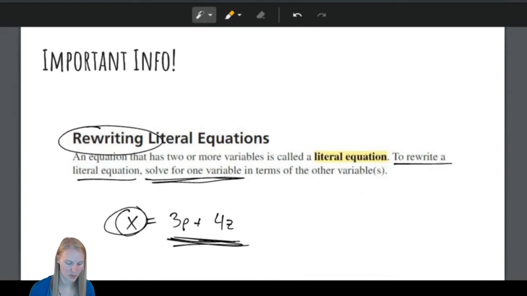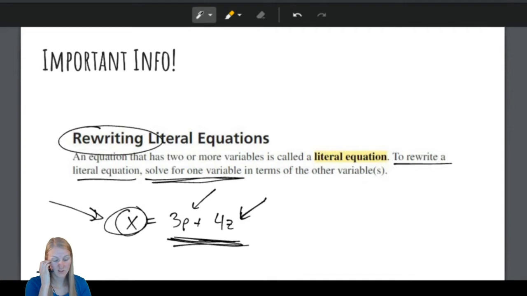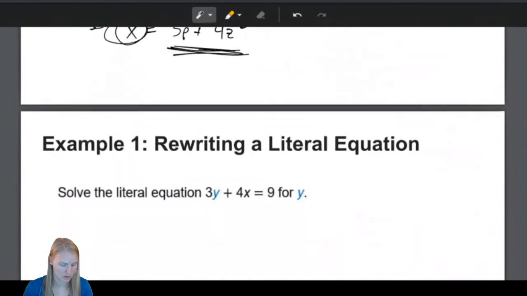Depending upon what these variables are, it's going to change the value of x. That's why we say in terms of, because the value of x depends on what the values of these are. So in order to rewrite a literal equation, we're going to solve for one variable and get all the other variables on the other side. Sounds easy enough.